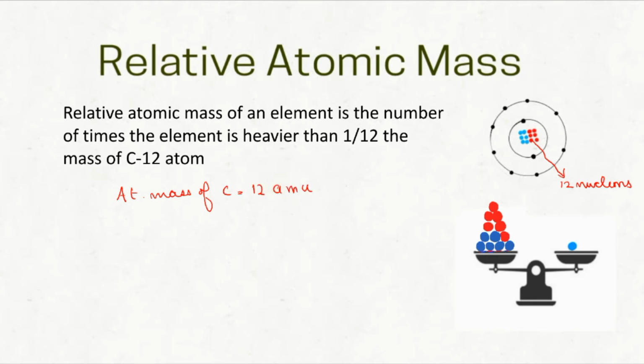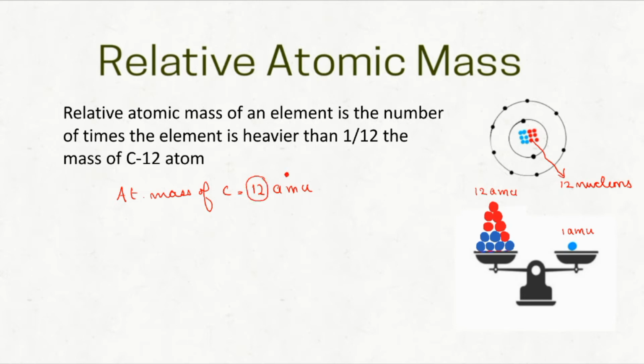What do you mean by that? Whenever we speak about one nucleon, its mass will be 1 AMU. See this one? This is one nucleon, right? In a carbon atom, 12 nucleons are present. So what is the mass of that? That will be 12 AMU. Or in other words, one atom of carbon is 12 times heavier than 1 AMU.